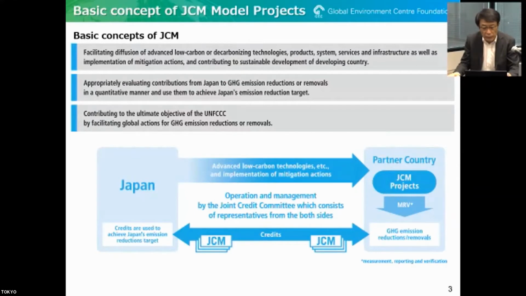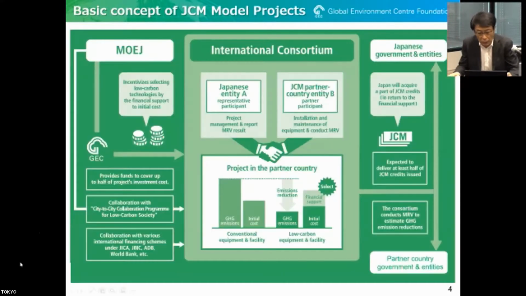This slide shows the basic concept of JCM model projects, but Ms. Uga already explained, so I'd like to skip this explanation. As you see in the middle of this slide, each JCM project is undertaken by a consortium between a Japanese entity and the JCM partner country entity.